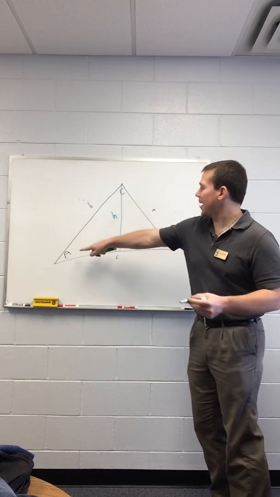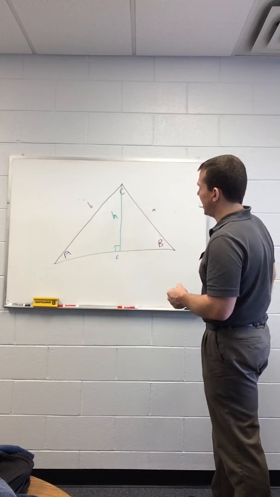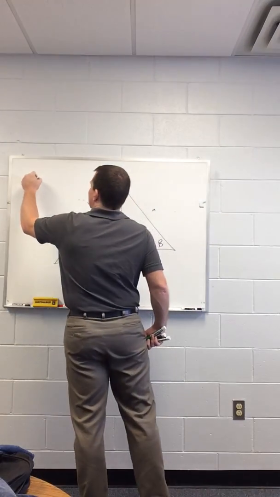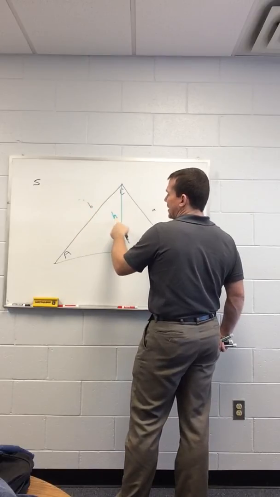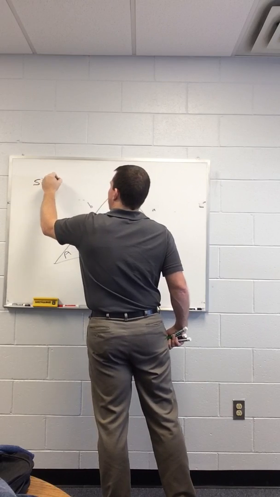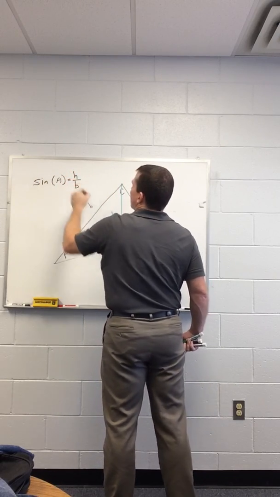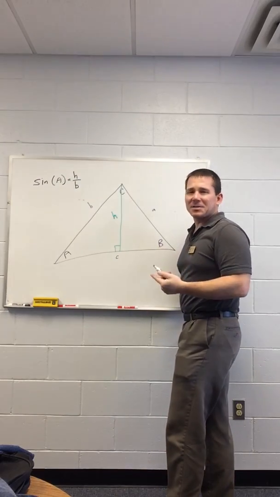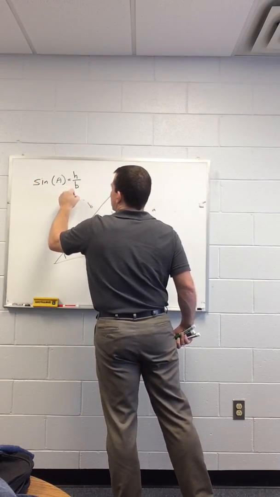And say, for A right there, I'm going to incorporate the h. What incorporates this angle, this h, and that b? That's sine. So sine of A equals opposite, which is h, over hypotenuse b. And then algebraically, I'm going to multiply the b over, just so I get an equation for h.